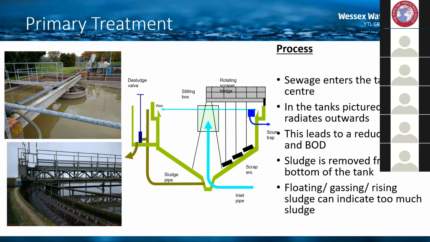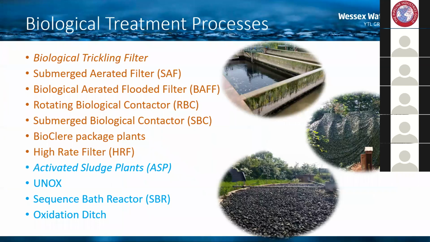And there's a couple of images there on the left showing, again, different configurations of a square primary tank and a radial primary tank. So on to the biological treatment process. There's various different processes out there, and there will be different processes used at different sites. They're broadly speaking split into two groups.